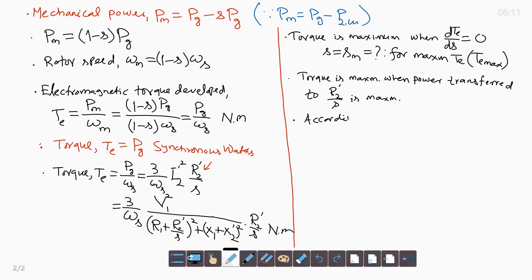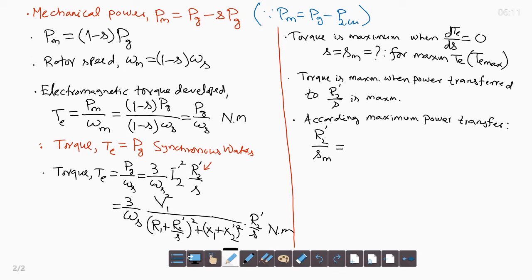So, we can use the maximum power transfer theorem, you recall it. Power becomes maximum when the load is purely resistive in an AC circuit, that is R2 dash by Sm is the resistance, R2 dash by s for the maximum torque.